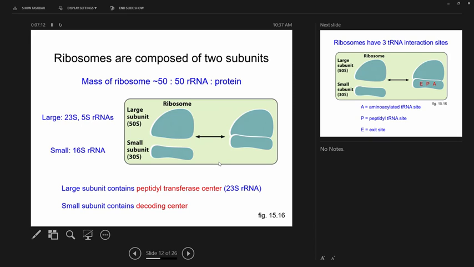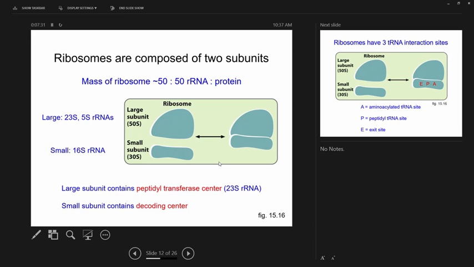The large subunit is referred to as containing what's called the peptidyl transferase center. So up here in the large subunit, when it's together, that's where the peptide bonds are going to be formed, and the 23S ribosomal RNA is going to do it.